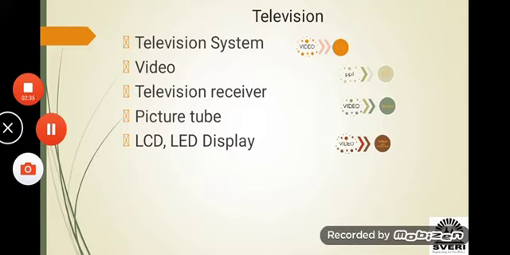But what if the human is not present at that location? So we need to ensure that the human eye is replaced by a sensor. And here, in case of television system, the sensor is nothing but the video camera, which captures the entire scene going on at the remote location.